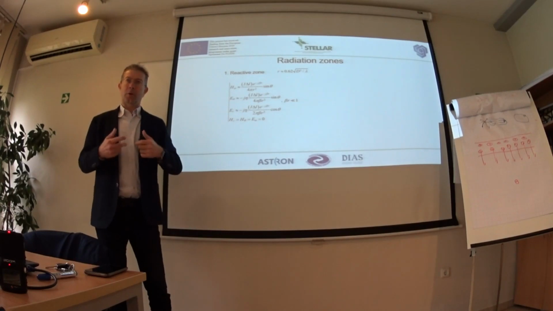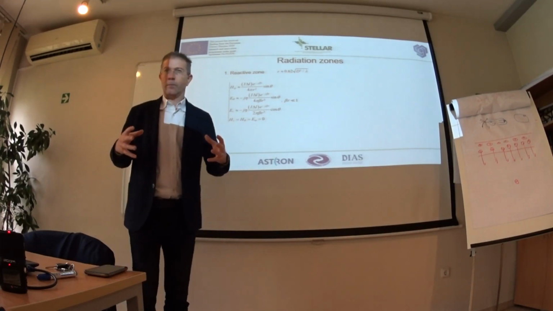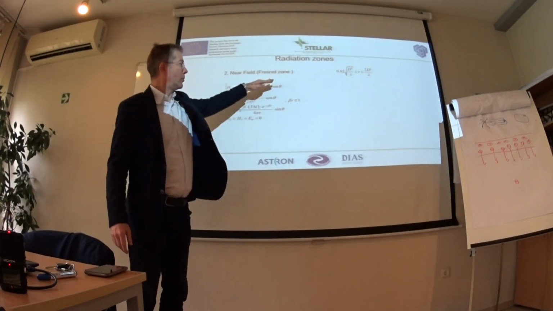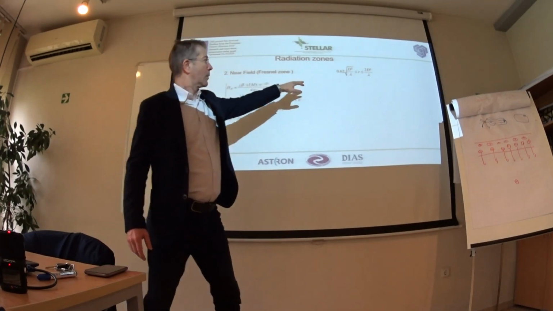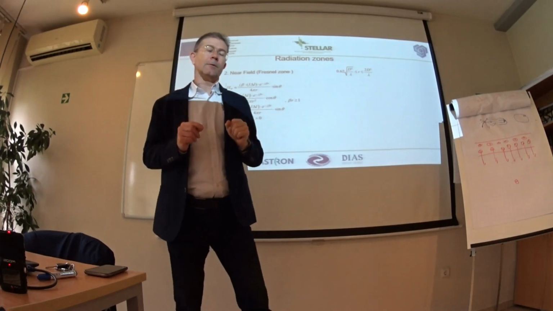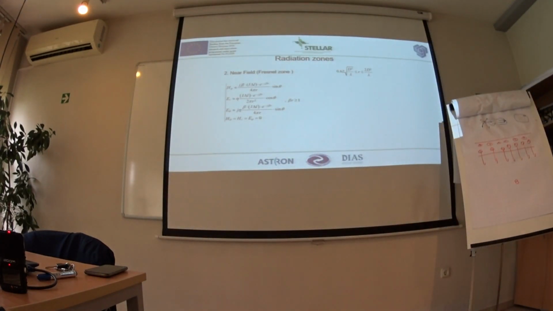There is no flow of energy in this zone. The next zone is the near field zone. These are the generally accepted limits of this zone, where energy is flowing out, but the antenna pattern is not formed yet.